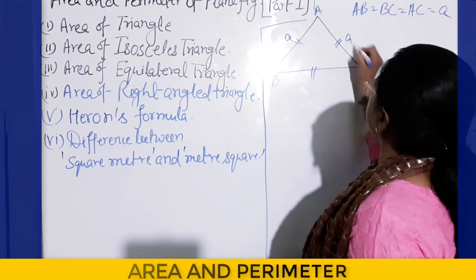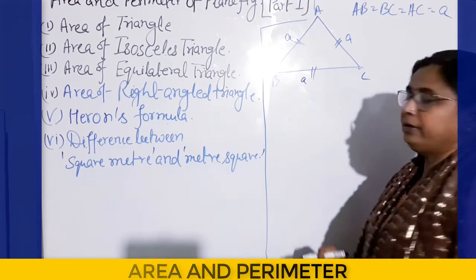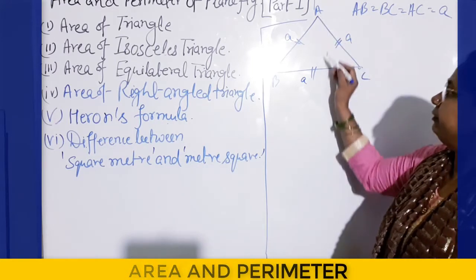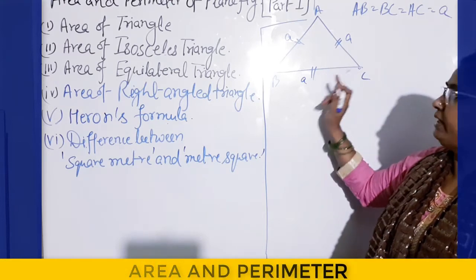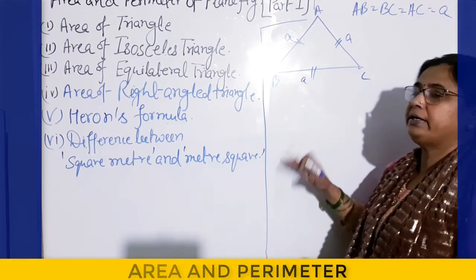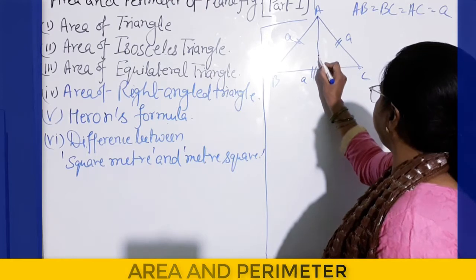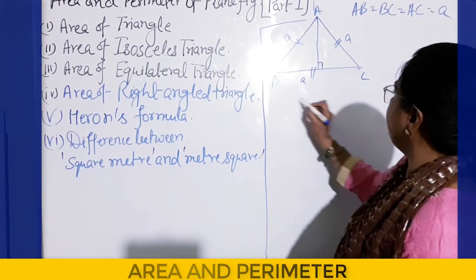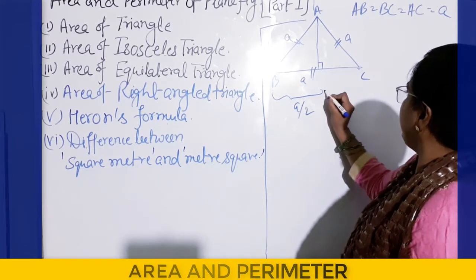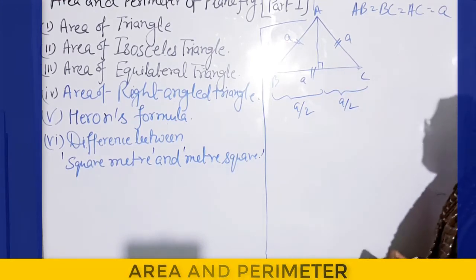Then all sides are a. Again, by the property of the equilateral triangle, the perpendicular drawn from the vertex bisects the base, in equilateral and isosceles both. So draw the perpendicular from vertex A. It is perpendicular, it means this side is a by 2 and this also a by 2.